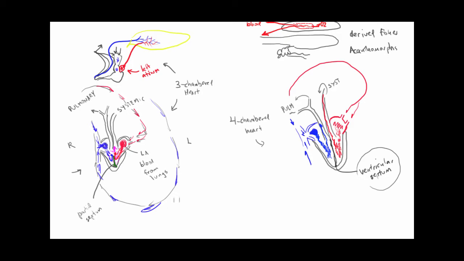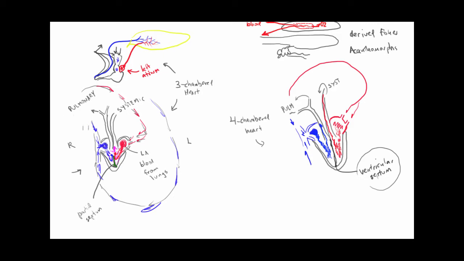And so you could actually parse this out into 10,000 tiny steps. You could see that over the course of gradual evolution, you could start with no ventricular septum whatsoever and end up with a complete ventricular septum with a fully four-chambered heart. And that could be easily explained by selection being driven by a demand for greater metabolic performance.